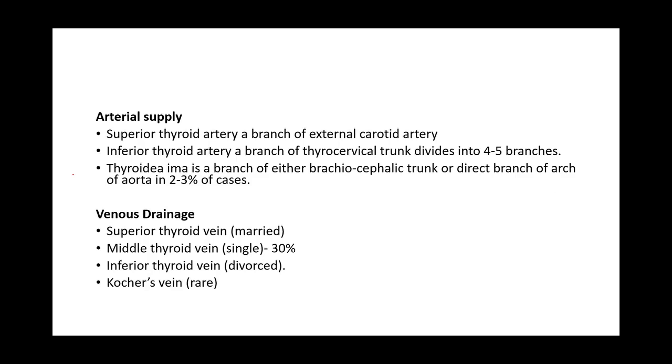Now, what is the arterial supply of the thyroid gland? The main supply of the thyroid gland is from the superior thyroid artery. Okay, it is the dominant supply of the gland. It's a branch of the external carotid artery. Okay, it comes to the gland via the superior pole of the gland.